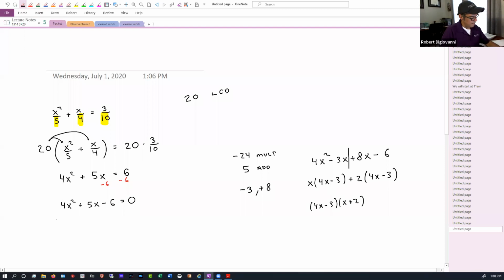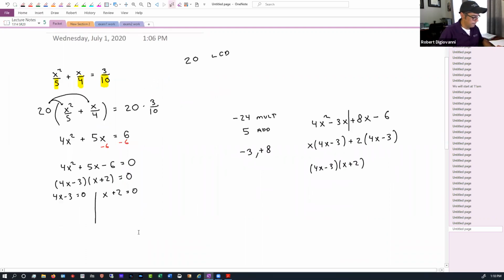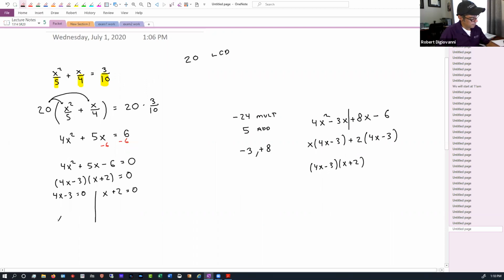So that means I can come back over here, rewrite this, and then use the zero factor property. So I set each one of those equal to 0. I'll let you solve those on your own.